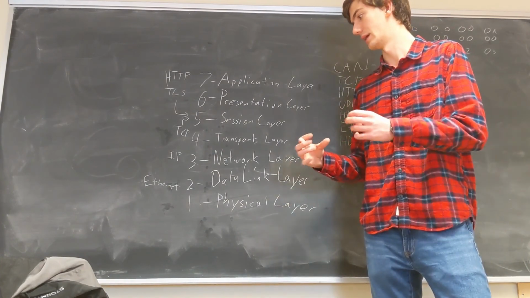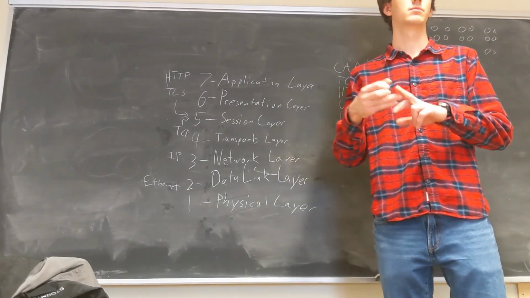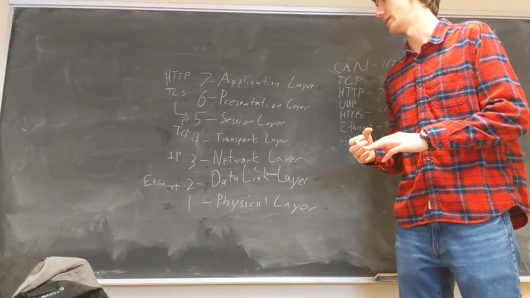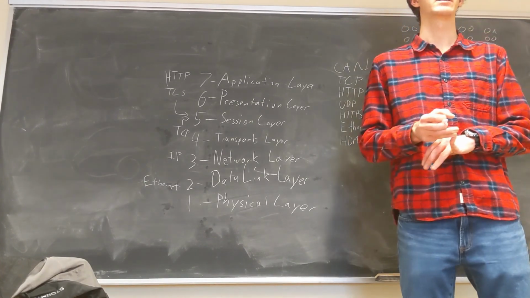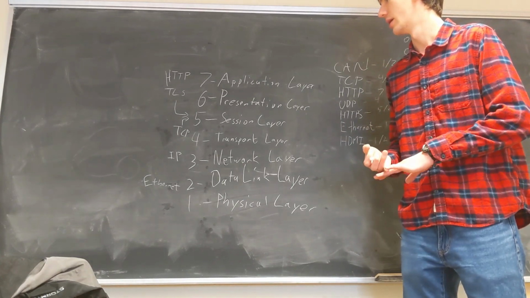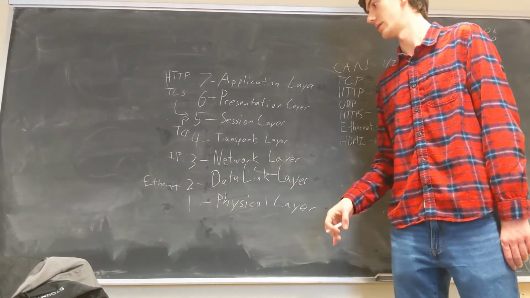MAC is a layer that's built into Ethernet, Wi-Fi, Bluetooth, USB, and so forth that allows you to identify the device that it's connected to. So everything has a unique IP address and a unique MAC address.